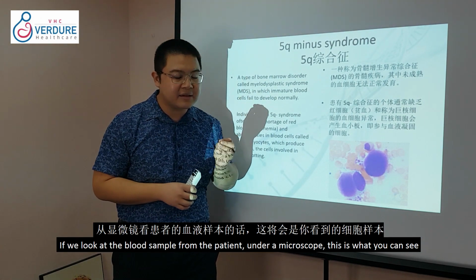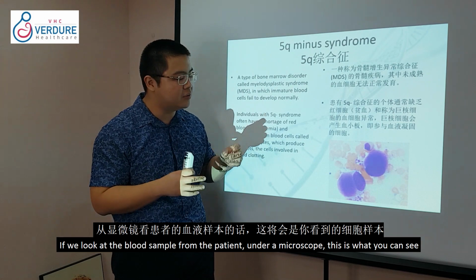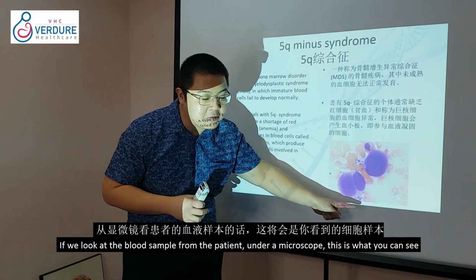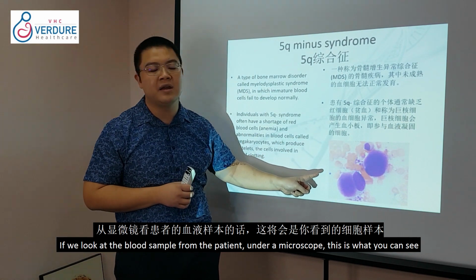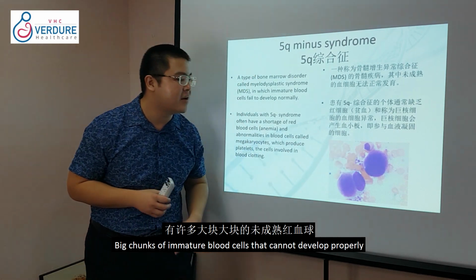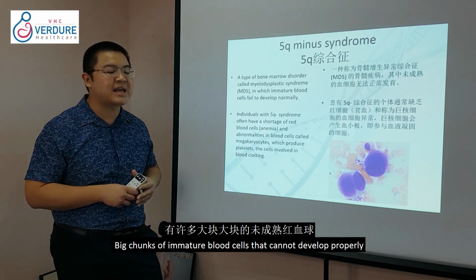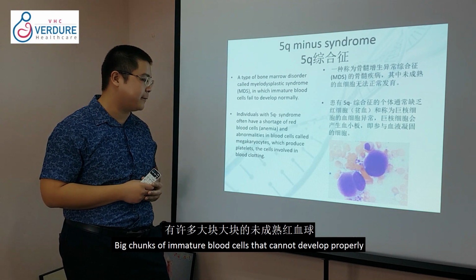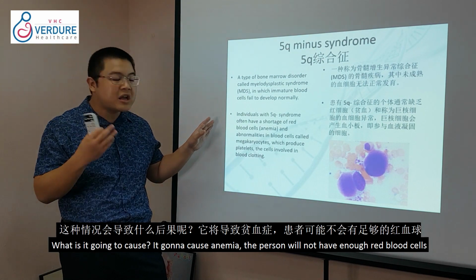If we look at the blood sample from this disease under a microscope, this is what you can see: big chunks of immature blood cells that cannot develop properly. So what is it going to cause?